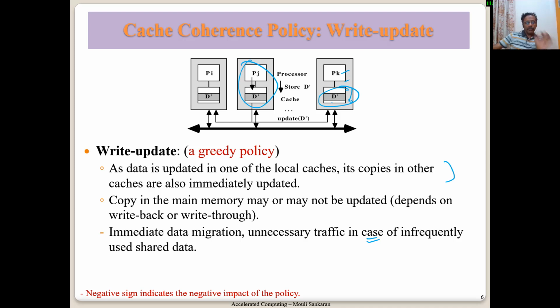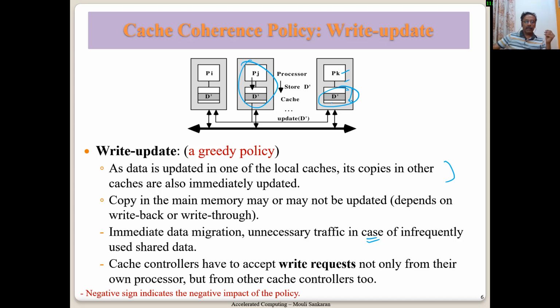So if you are using a write through policy, the write update coherence policy will complicate the issue, because even if one processor is changing it, all of the copies in the individual private caches are updated as well as in the main memory. So it's too much of an overload.